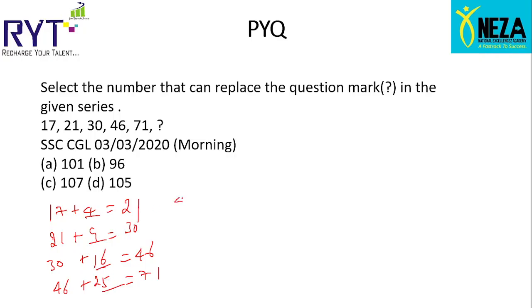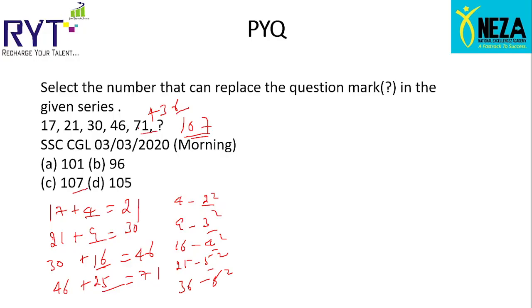Basically, 4 means 2 square, 9 means 3 square, and so on: 2 square, 3 square, 4 square, 5 square, next 6 square. So I need to add 71 plus 36. When I look at the unit digit, 36 it is 6, 71 it is 1, so 7. My answer is the 7 option.